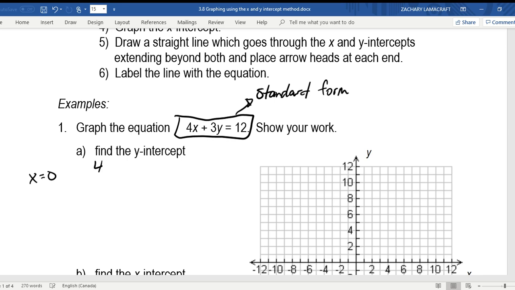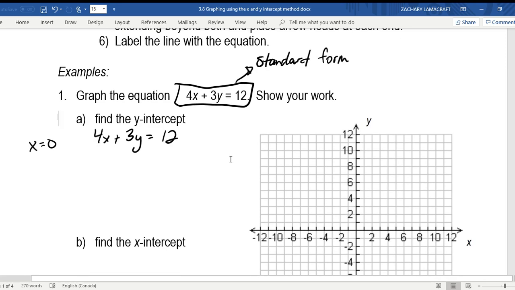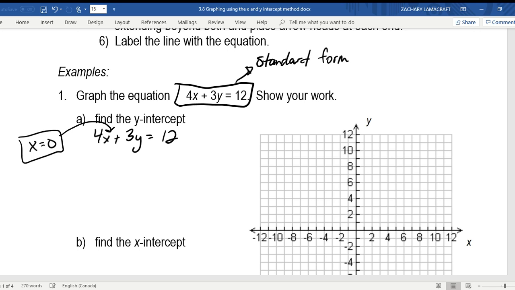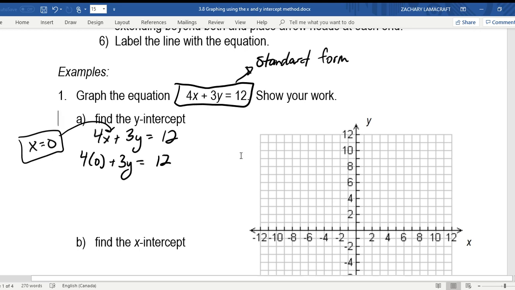So when I write out our equation 4x plus 3y equals 12, I'm going to sub in 0 into the x spot. That will look like 4 times 0 plus 3y is equal to 12. Anything times 0 is 0, so we'd get 3y is equal to 12.